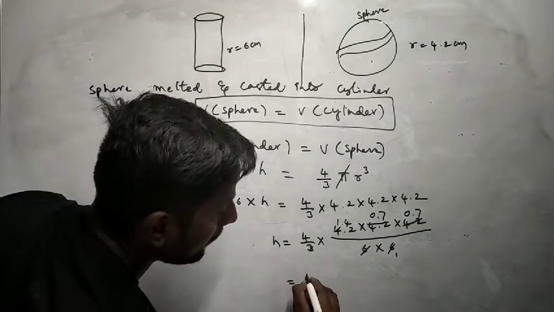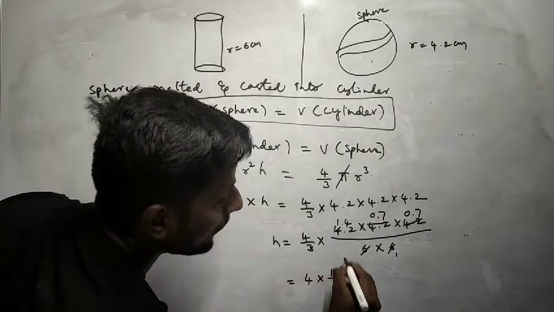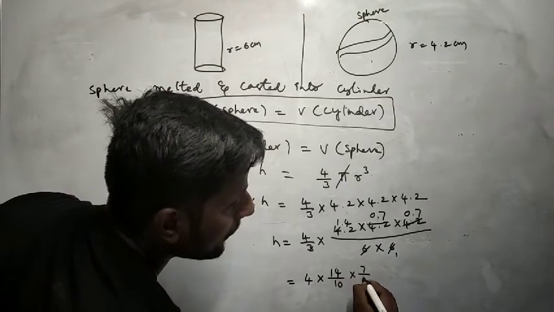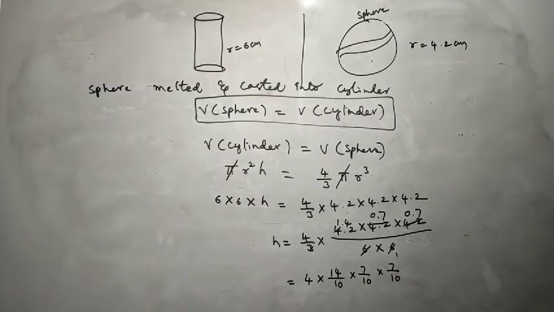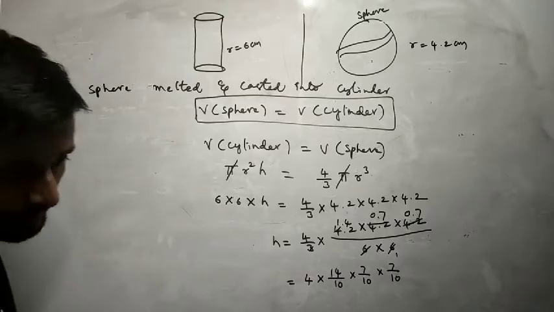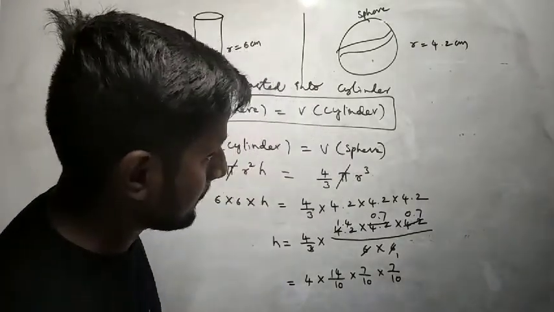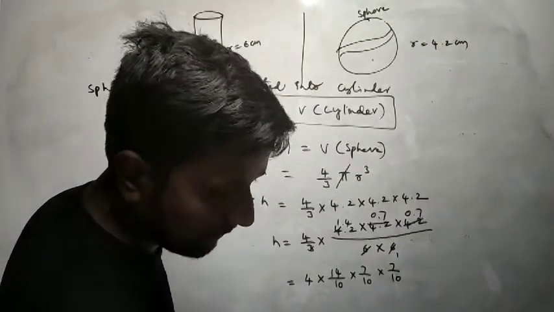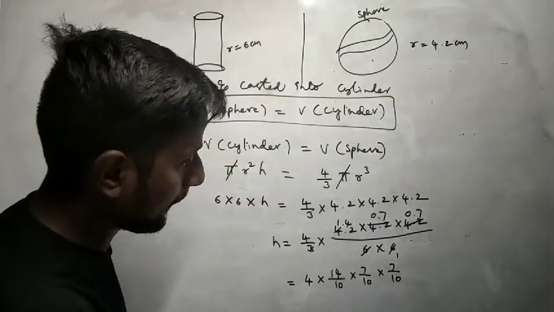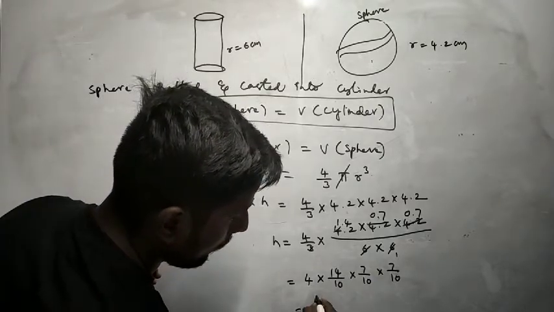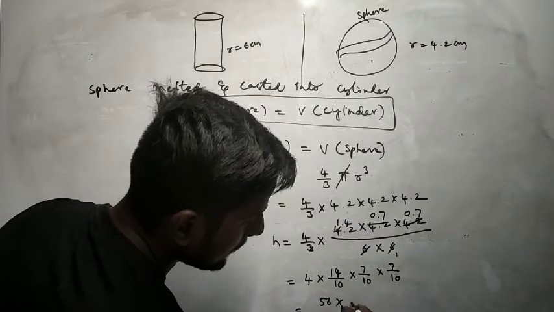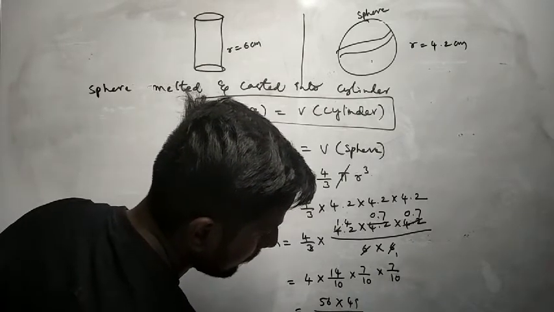Now the left numbers are 4 into 1.4, which we'll write as 14 by 10, 7 by 10, 7 by 10. 56 into 7 sevens are 49 by 1000.